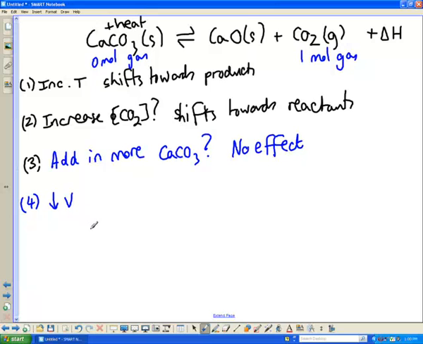Or I'm going to shift towards the side that has less moles of gas. So in this case I'd shift towards the side that has no moles of gas. I'd shift towards the reactants.